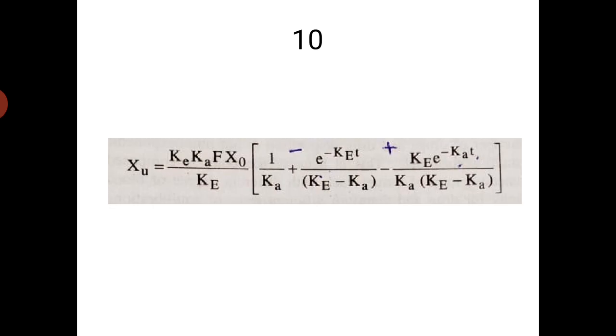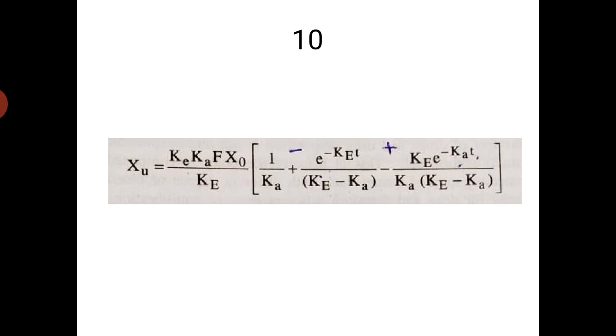Now this equation you have to learn by heart. Here you can see the interchange of the symbols minus and plus. What I have written in blue ink, that is 1 by Ka minus. In the textbook it was plus, but the actual sign is minus.